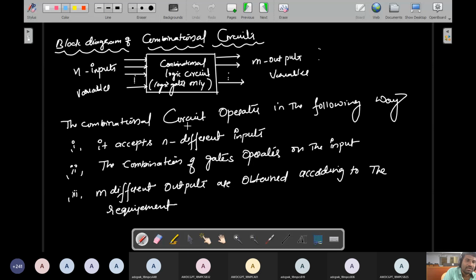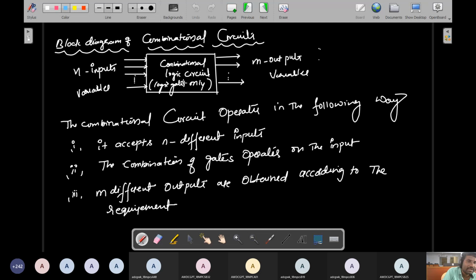The combinational circuit operates in the following way. First of all, it accepts n different inputs, and inside, the combination of gates operates on these inputs. These logic gates select the input variables and perform the operation you want. Finally, m different outputs are obtained according to your requirement.